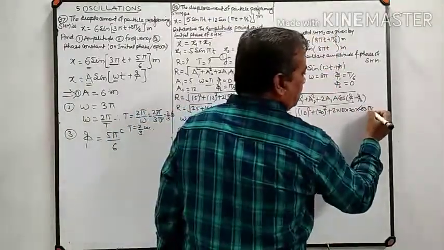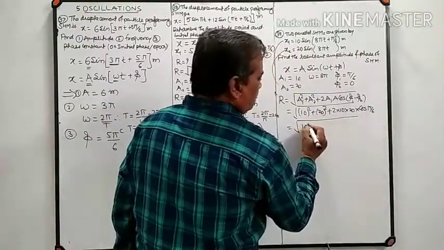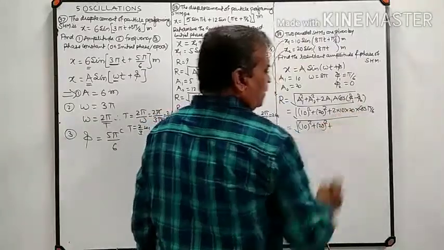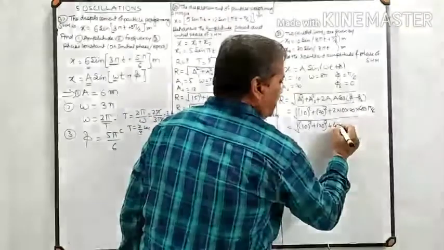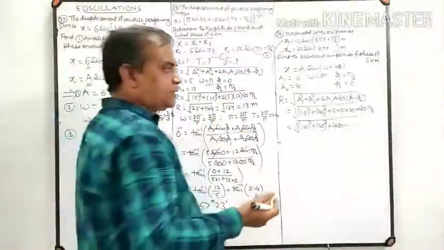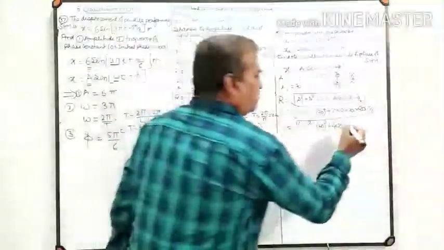So 2 into 20 is 40, into 10 means it is 400, into cos of pi by 6. 180 by 6 means cos 30, and cos 30 means sin 60, which is root 3 by 2.